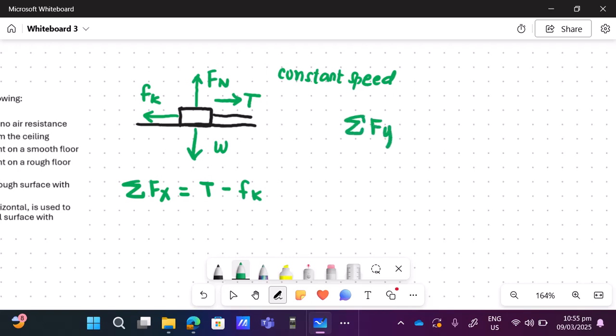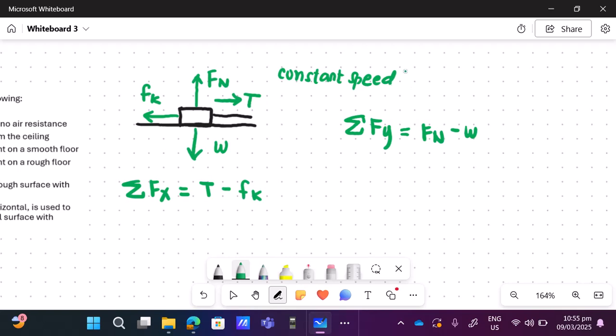So we have summation of forces along Y. Up is positive, down is negative. So we have the normal force minus W. And again, W is mass times the gravitational acceleration.